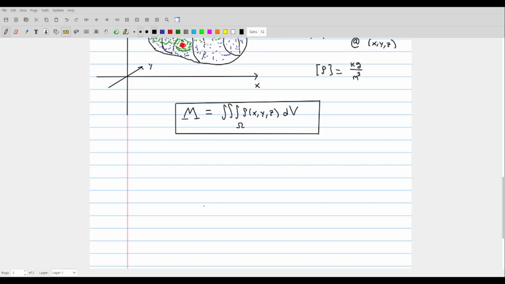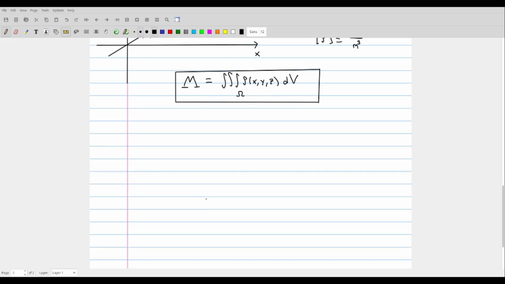In much the same way, and I'm not going to draw a picture, you can just think of, instead of having a mass density function, you might have a charge density function. We call that a lot of times sigma of x, y, z, at the point x, y, z.